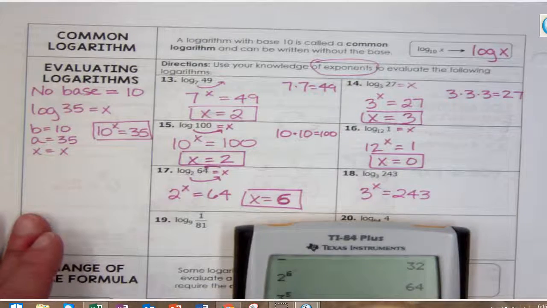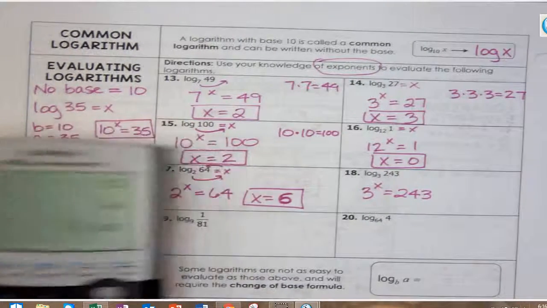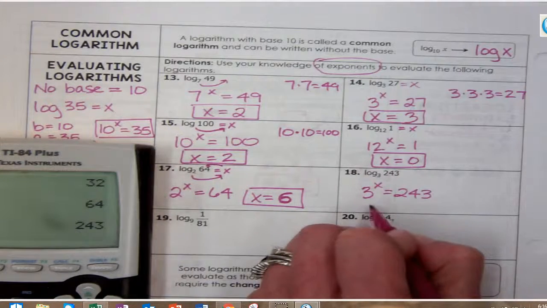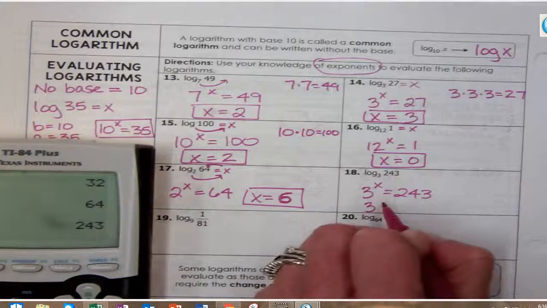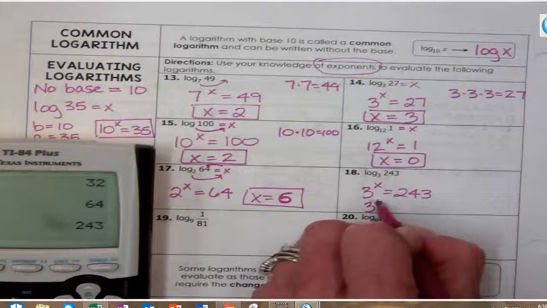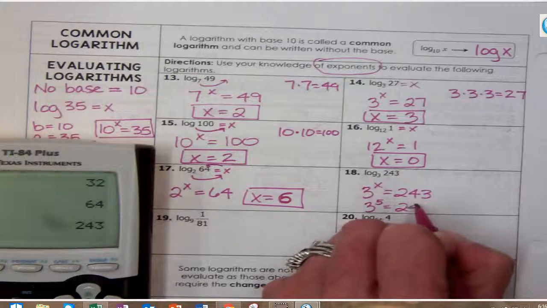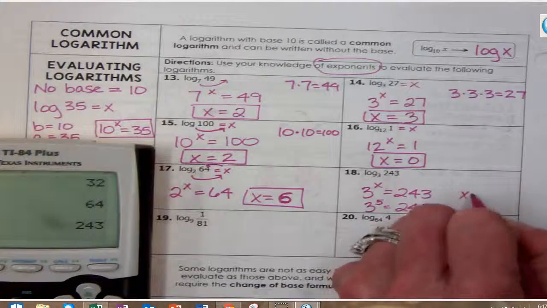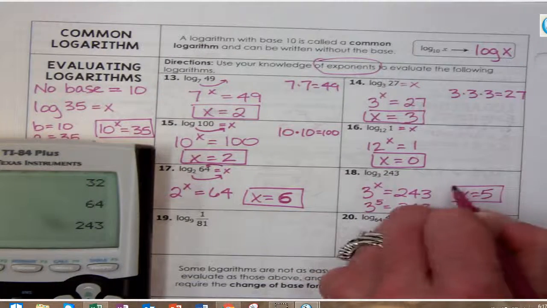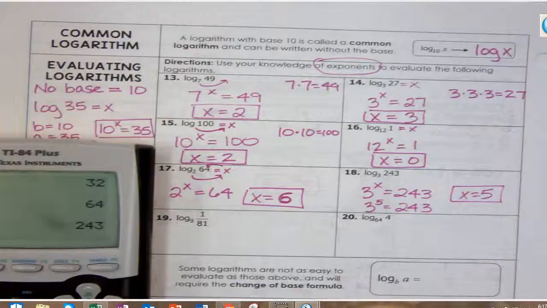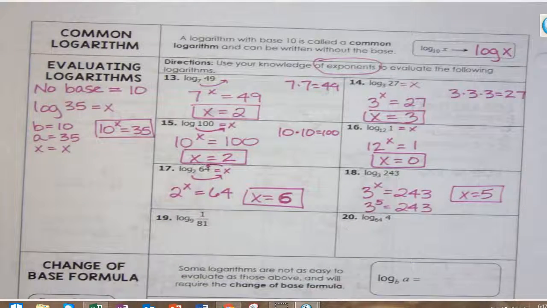And I got a lucky guess on the first try. So I knew it was going to be more than 4. So 3 raised to the 5th power equals 243, so I know x equals 5. Alright, hopefully that makes sense.